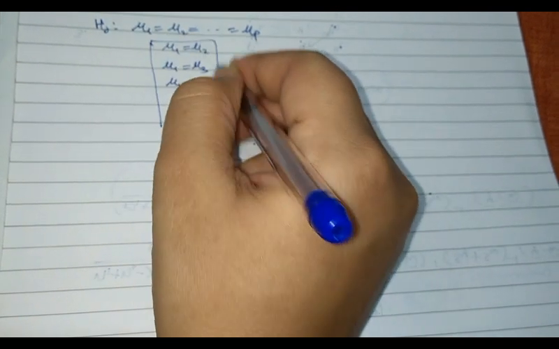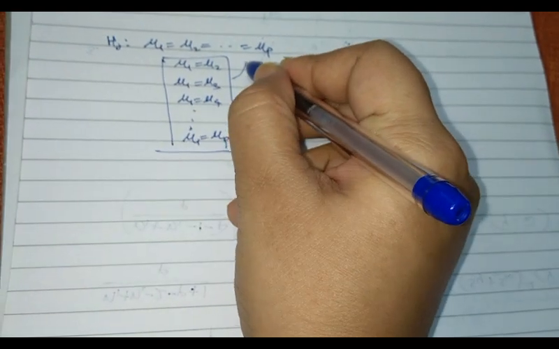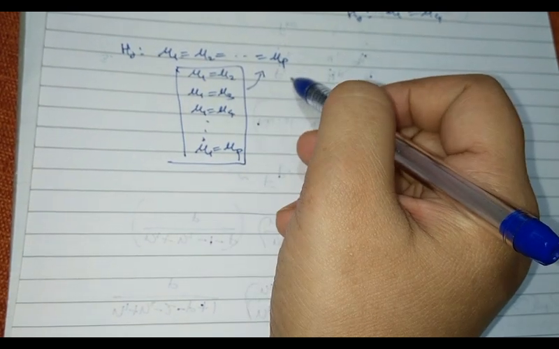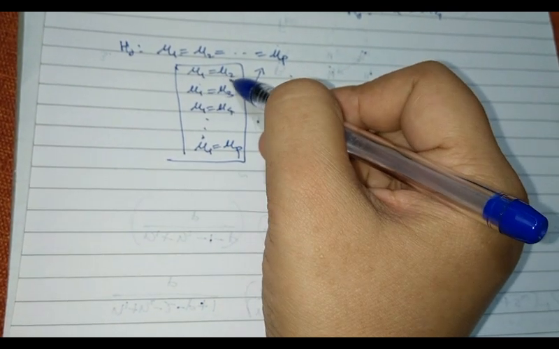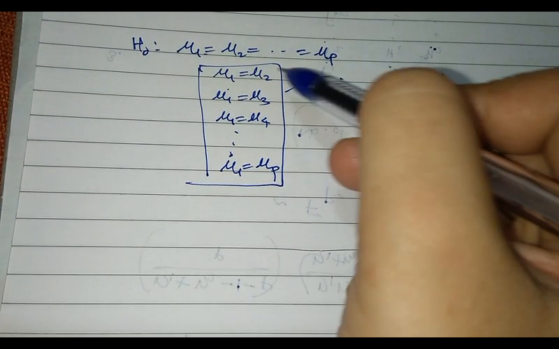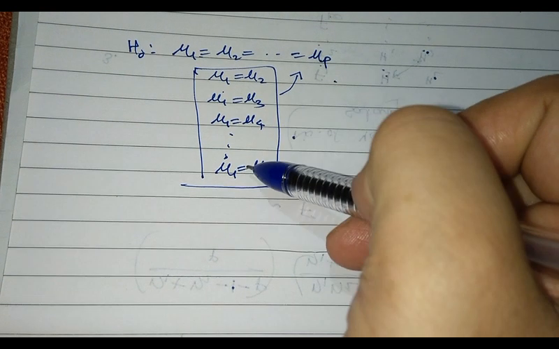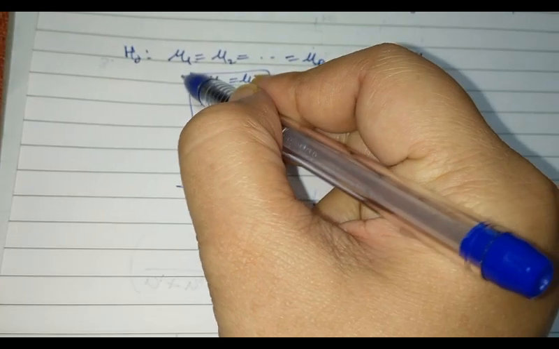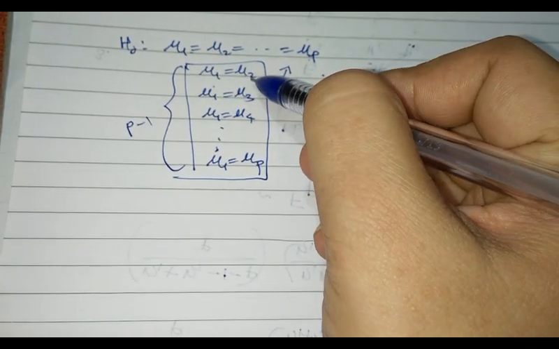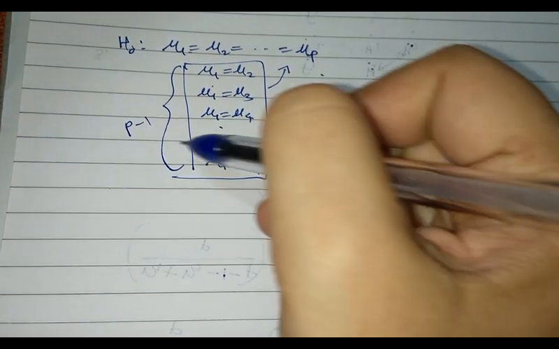So this set of conditions, can I say is it exactly equivalent to this statement? All mu_i's are equal is same as mu1 being equal to each one of them. And how many conditions do I have? I have p minus 1 conditions, because 2, 3, 4 up to p. So p minus 1 conditions.